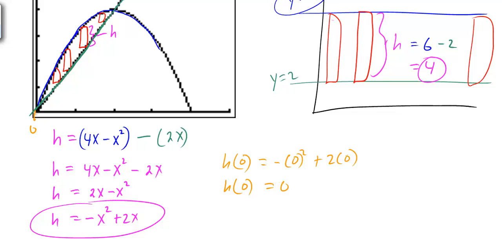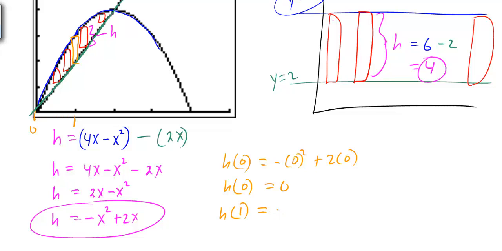And that's because here the lines are intersecting, so there is no height. There is no rectangle. If I want to know what is the height of the rectangle located over here at x equals 1, then I would draw this rectangle here, and I want to know the height. So that would be h of 1.